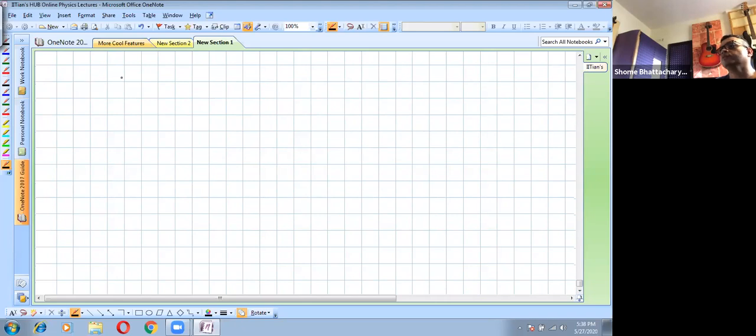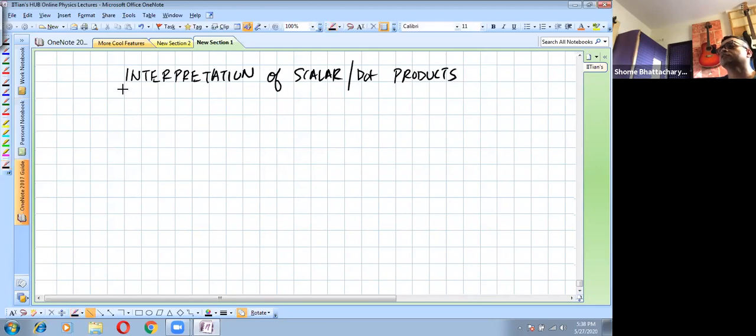So we will look at the interpretation of scalar or dot product in terms of projections.